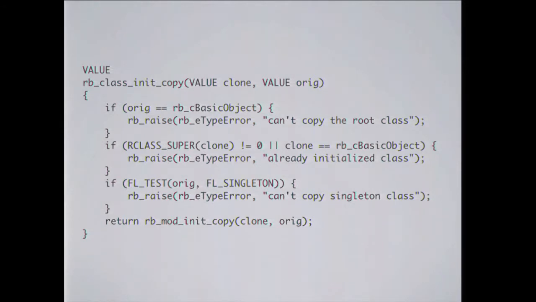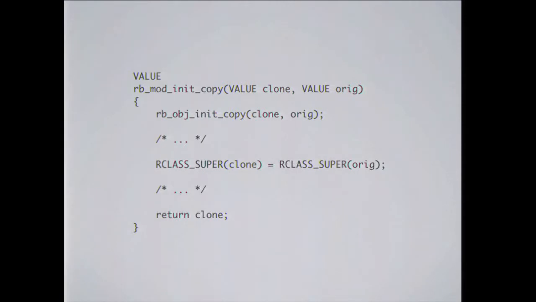And it'll raise an exception if you're trying to duplicate a singleton class. But if all of those checks pass, then it just calls onto mod_init_copy, which is basically a supercall in C. And then rb_mod_init_copy, which is Module's initialize_copy method, calls Object#initialize_copy, does some stuff, and then it actually copies the superclass over.